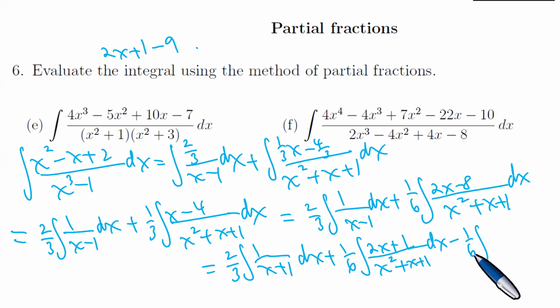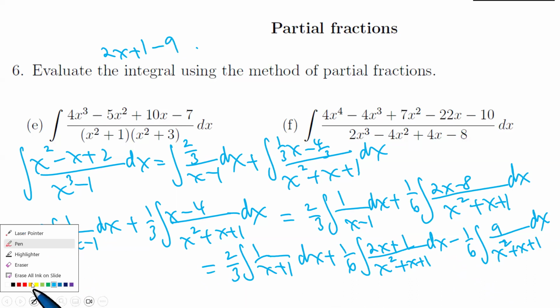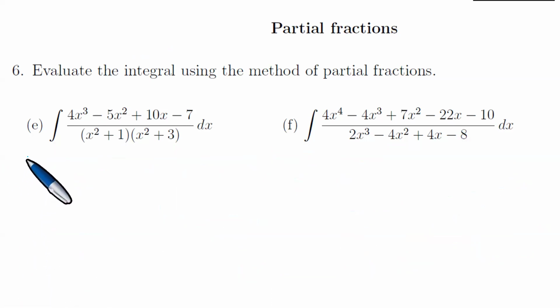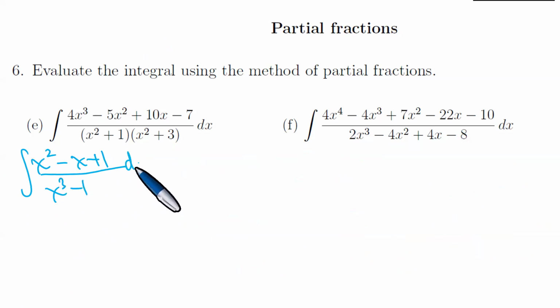So yes, you have minus 9 over x squared plus x plus 1 dx.